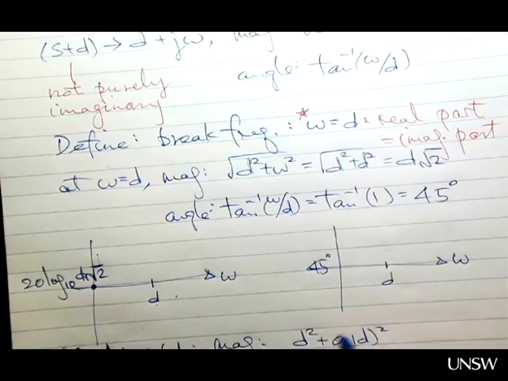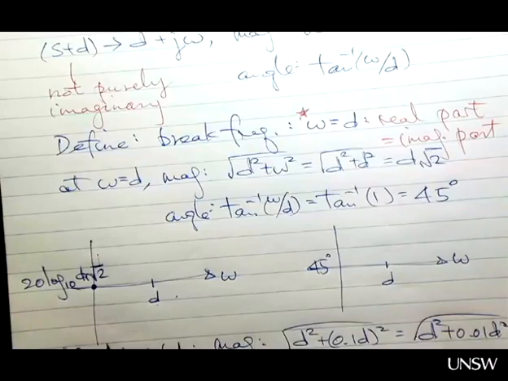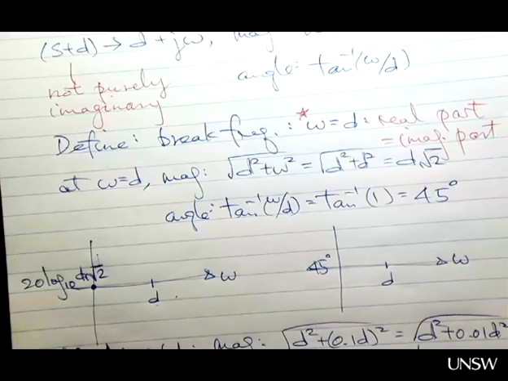So it is the square root of d squared plus 0.01 d squared. Then it is also equal to d times root 1.01.